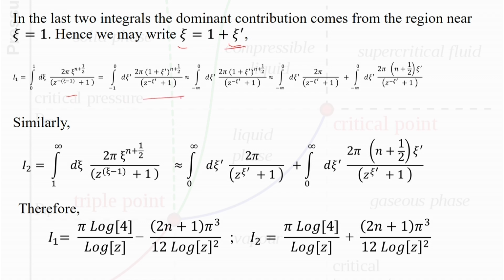Now notice that this integrand is substantial only when xi dash is close to 0, therefore when xi is close to 1. So, I do not care what this limit is, it might as well be minus infinity. It is not going to make any difference, as I told you, since most of the integration contributes for xi dash close to 0.